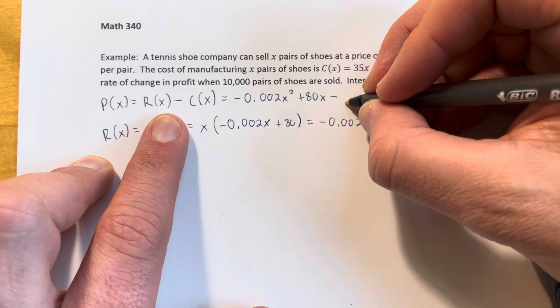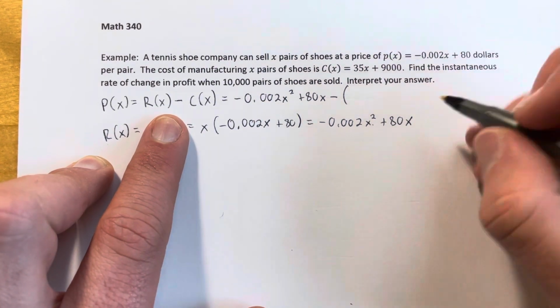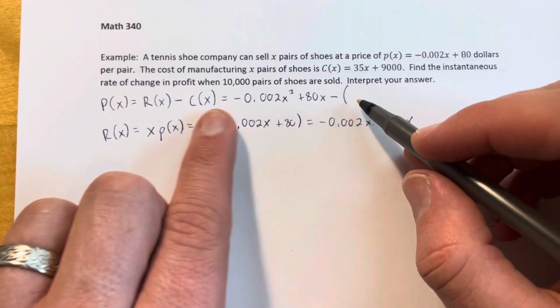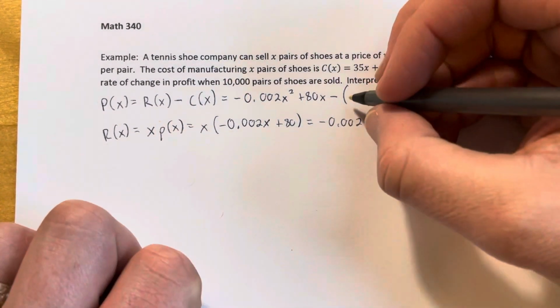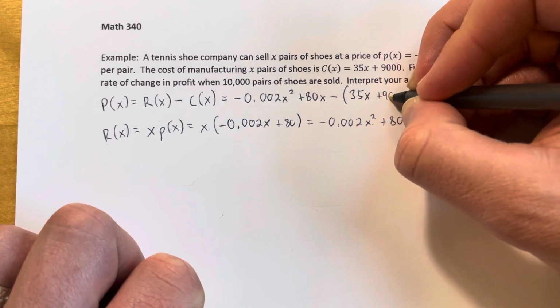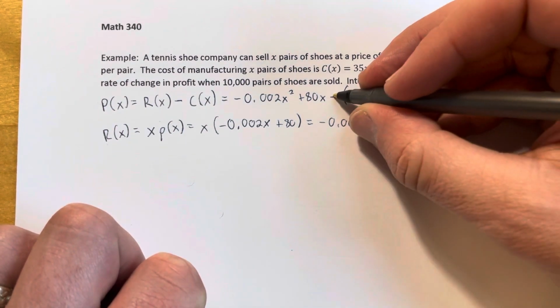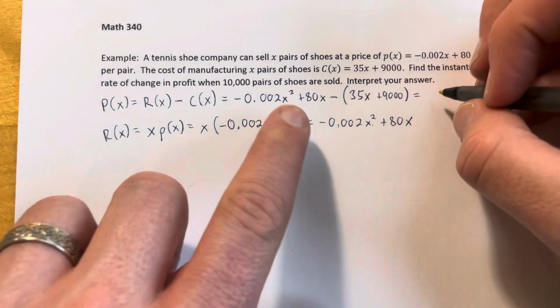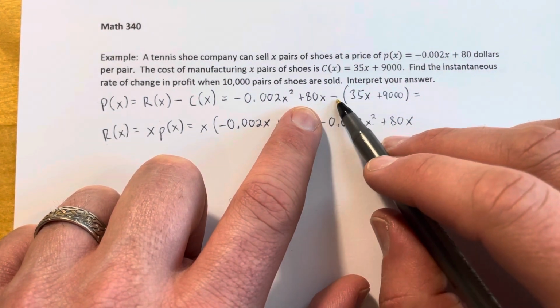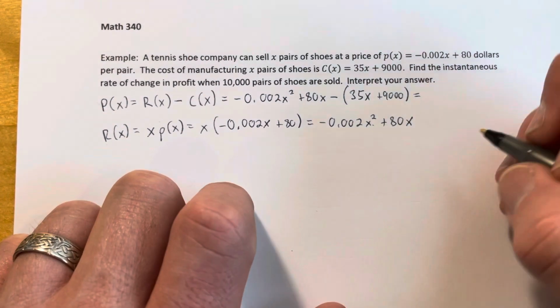Make sure you're using parentheses. The cost function has more than one term in it, so without parentheses, you're not subtracting all of those terms like you should be. 35x plus 9,000. Distribute that minus sign and take note of the fact that there are some terms to combine. So I'm going to have an 80x minus a 35x, which is 45x.